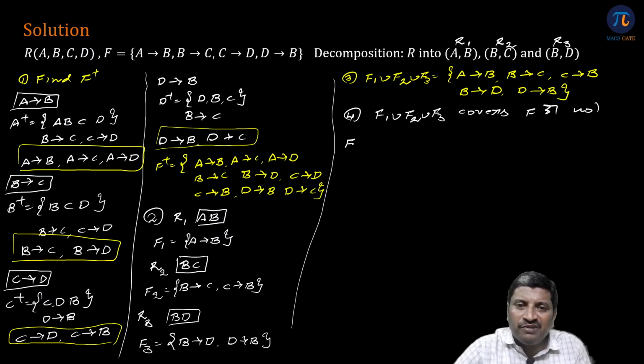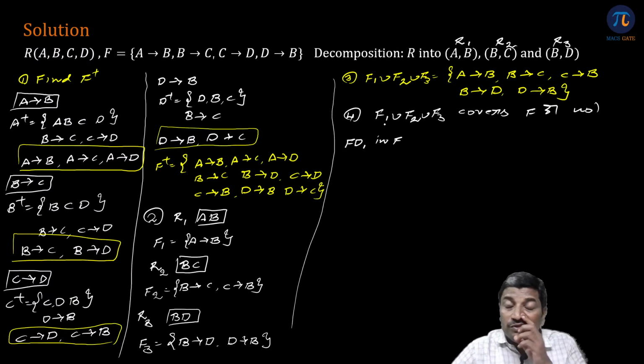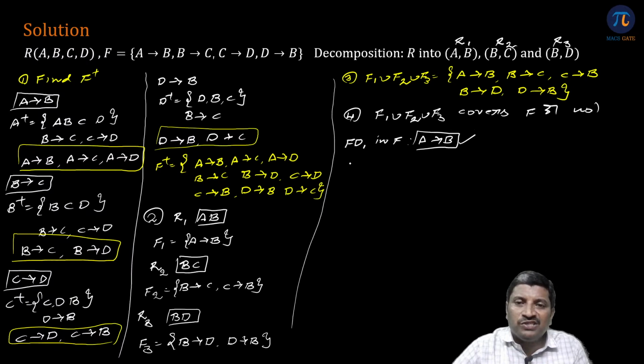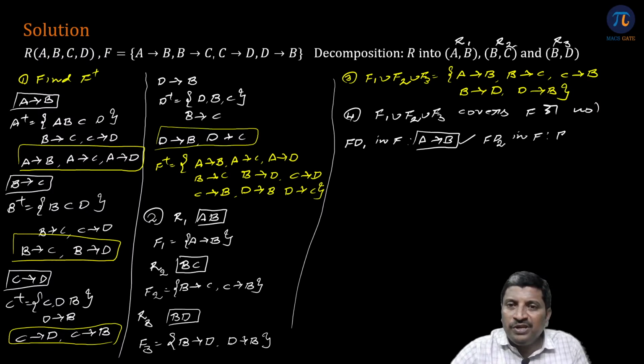What is the first FD in F? A implies B. Please observe it. It is present in the union. What is the second one? B implies C. It is also present.